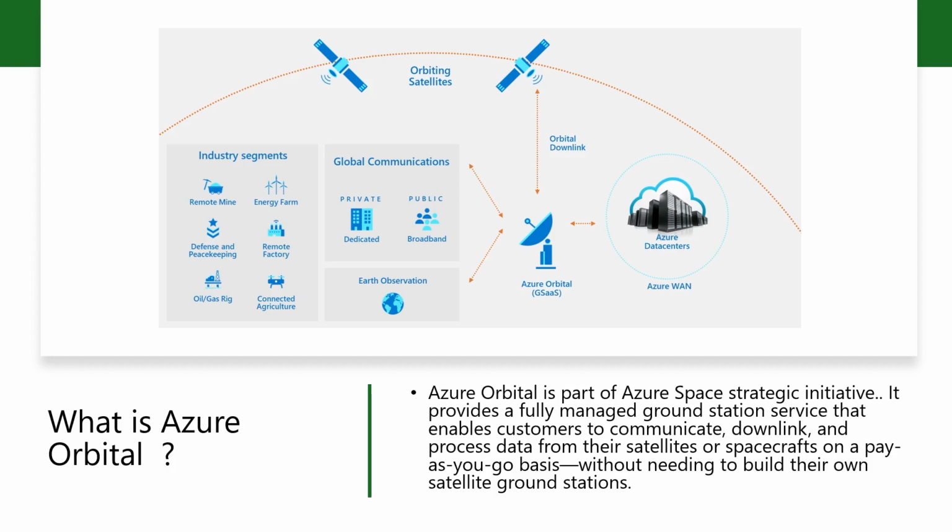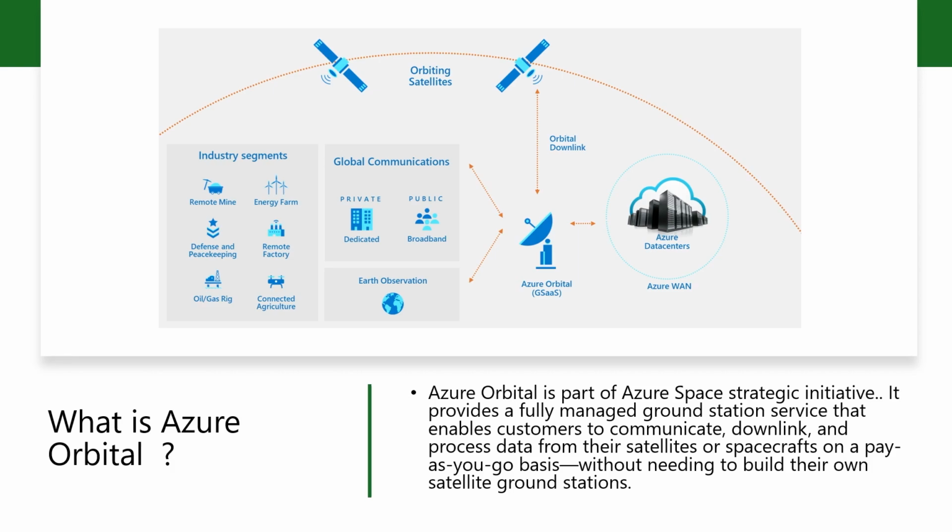What is Azure Orbital? Azure Orbital is a service within Azure Space that focuses specifically on satellite communication and connectivity. It provides ground station as a service capabilities, allowing organizations to communicate with their satellites in orbit and efficiently manage their space-based assets.